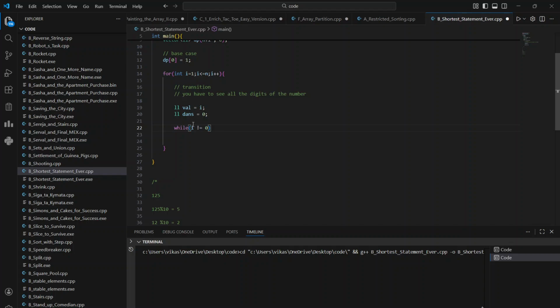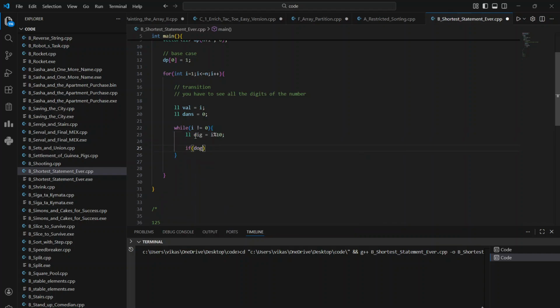there is also one other problem. Okay, what is the problem with this method? Let me just do this and you tell me what the problem is. Let long long digit be equal to val modulo 10.